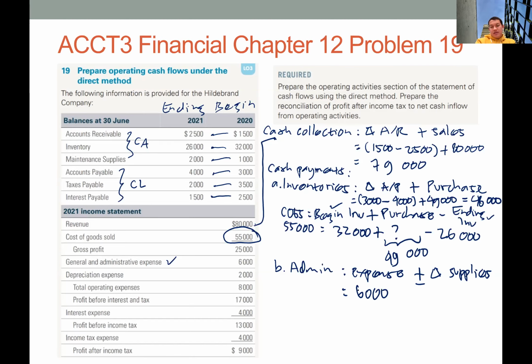If you look at the supplies, we start with 1,000 in the beginning, and in the end we have 2,000. So it's increasing. So we assume that the company used some of their cash to purchase more supplies. So this one should be plus. So plus 1,000. It should be 7,000.